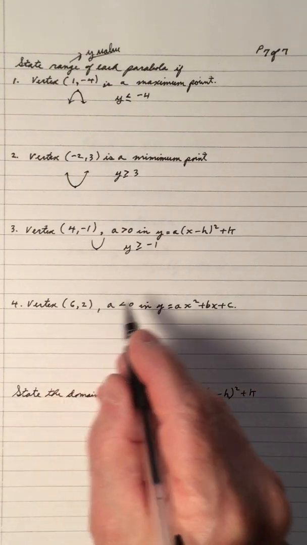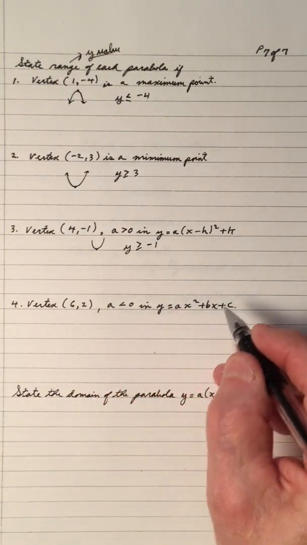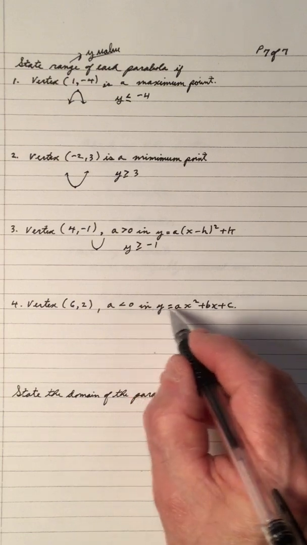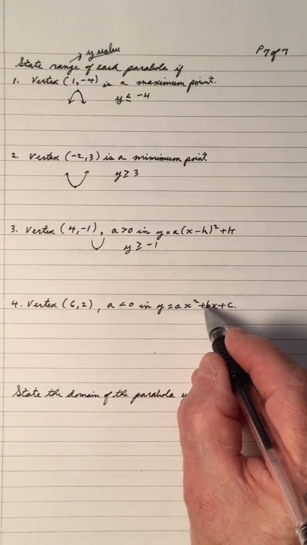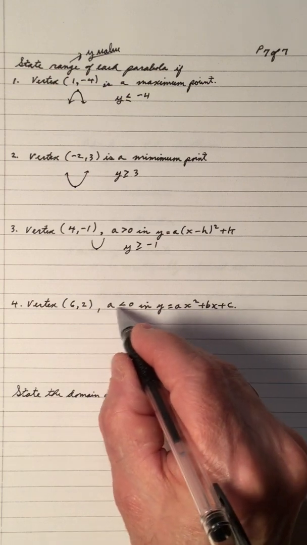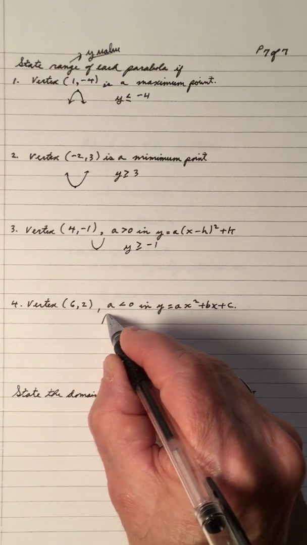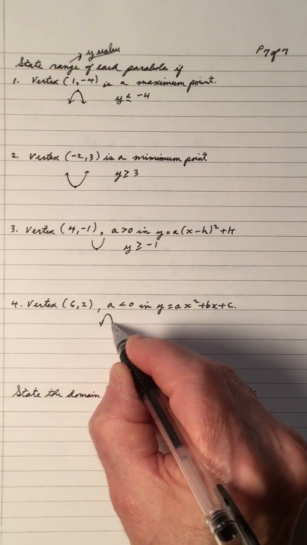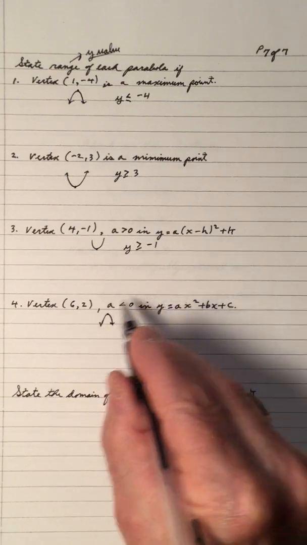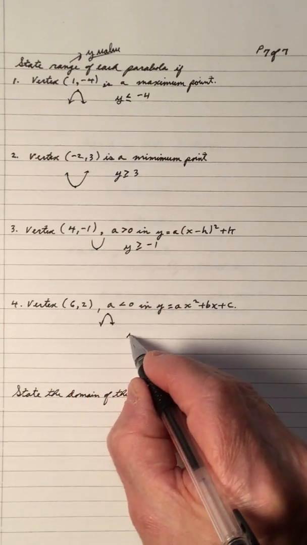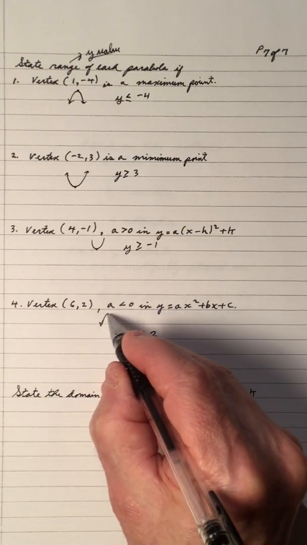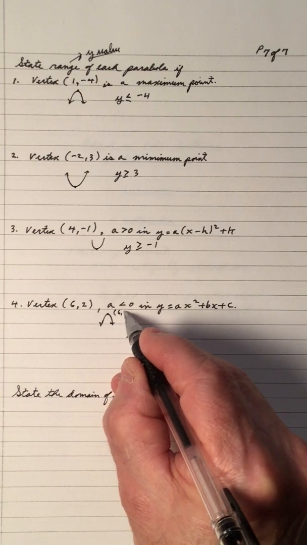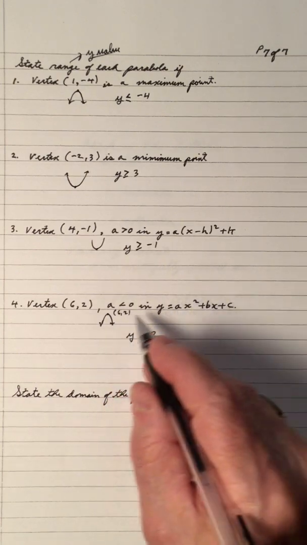This vertex is (6, 2). a is less than 0 in this equation. No matter what the equation is, if a is less than 0 in a quadratic equation, the parabola is opening down, and that means it's a maximum. So the range is y is less than or equal to the y value of the vertex. That vertex is (6, 2) if you did a graph.